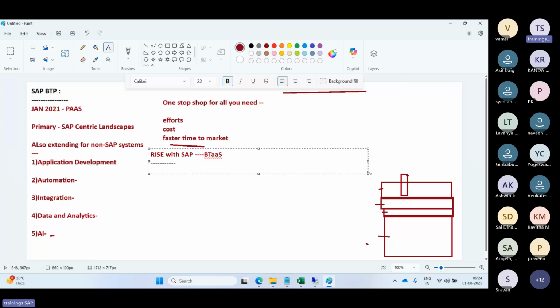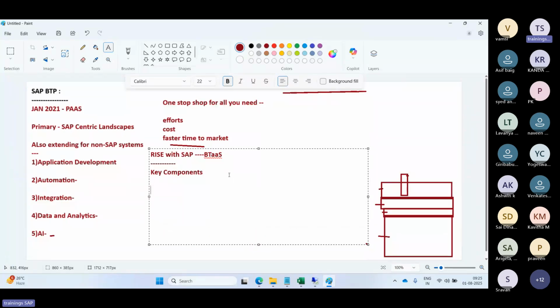Actually, BTP is one of the components in Rise with SAP, first of all. In their offering packages, BTP is part of Rise with SAP.